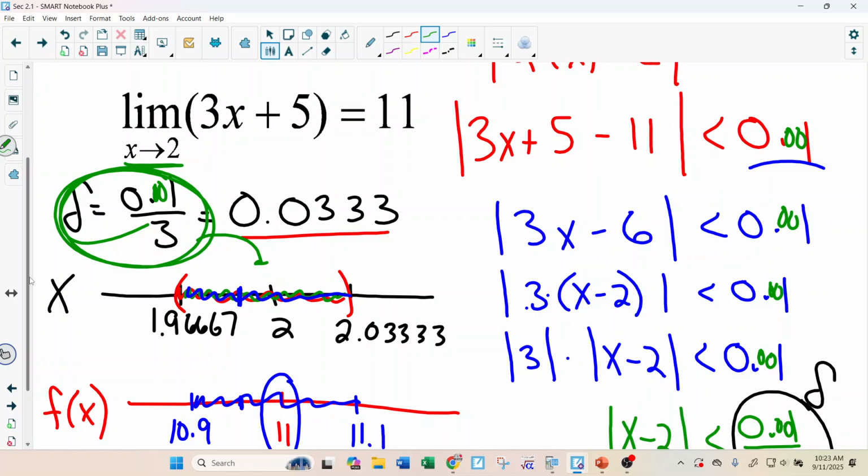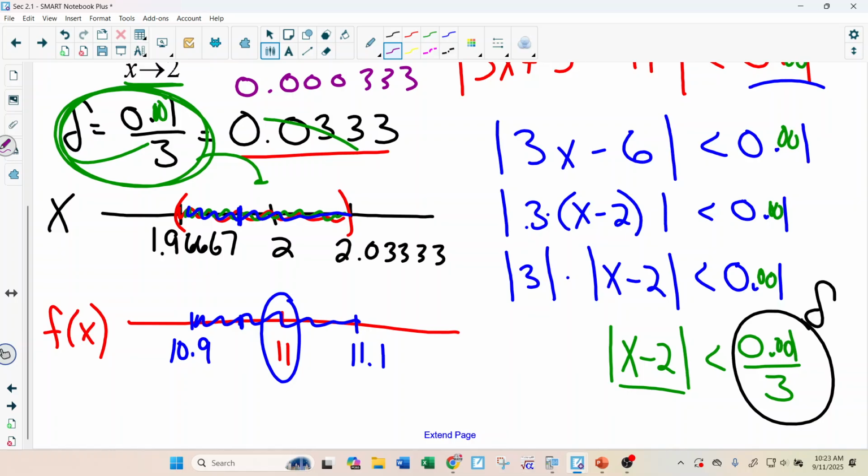Now, this number would be different, and this would change. And what would happen? This number would get smaller, wouldn't it? It would be 0.001 divided by 3, which is 0.00003. So think about what would happen down here. Wouldn't this number be smaller? So I'd have a smaller area around 2 that would get me to a smaller area around 11.